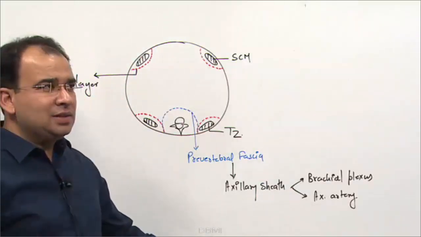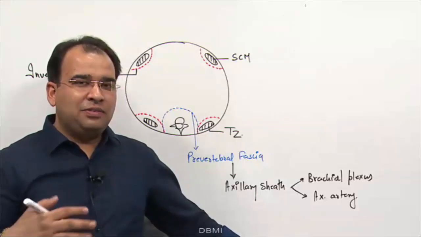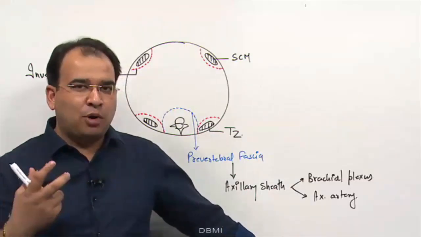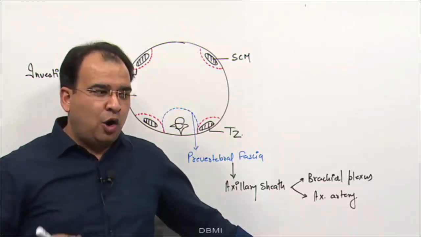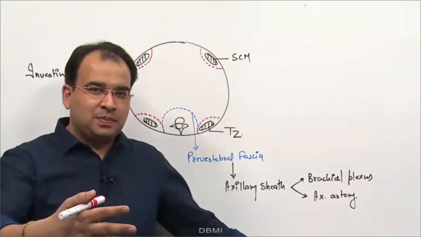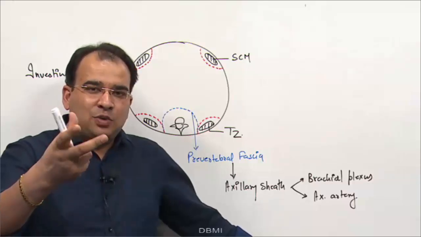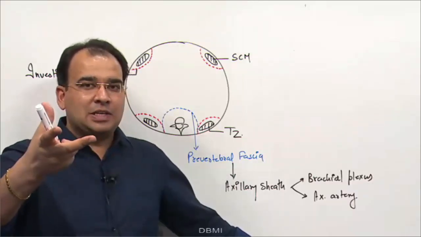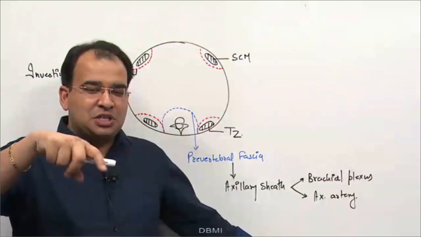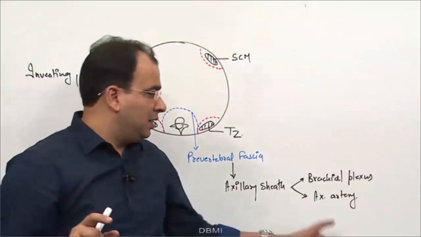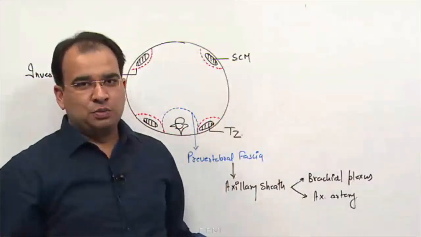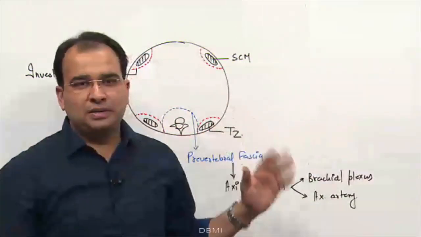If you look at all the fascia which we talk about, if you take the important sheaths we know, the carotid sheath, the axillary sheath, the femoral sheath, all these sheaths are very kind to veins. Veins are capacitance vessels, they need to expand. In increased venous return they will expand. If you put them inside the sheath and tightly enclose them, they will not be able to expand. So look at this arrangement. Here the vein is outside, so no issue. We have the axillary sheath and the vein is present outside.